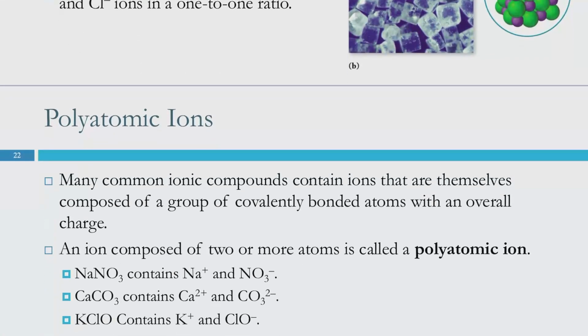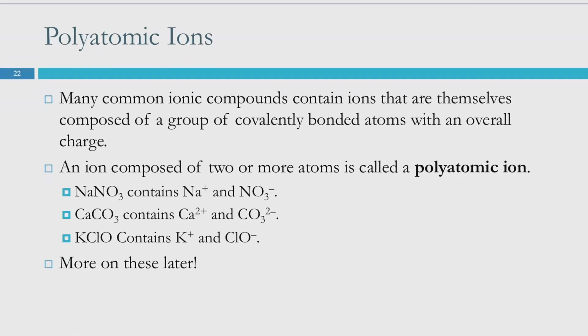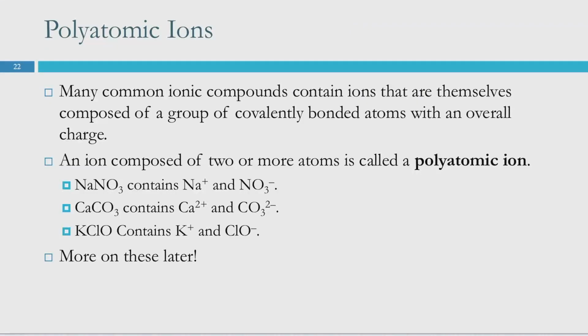We've been talking about things primarily within the realm of single atoms, but we also have groups of polyatomic ions. Many common ionic compounds contain ions that are groups of covalently bonded atoms with an overall charge. So the polyatomic part, poly meaning many, atomic atoms, so many atoms together, ions because they're charged. Just the whole group of them together carries a charge.